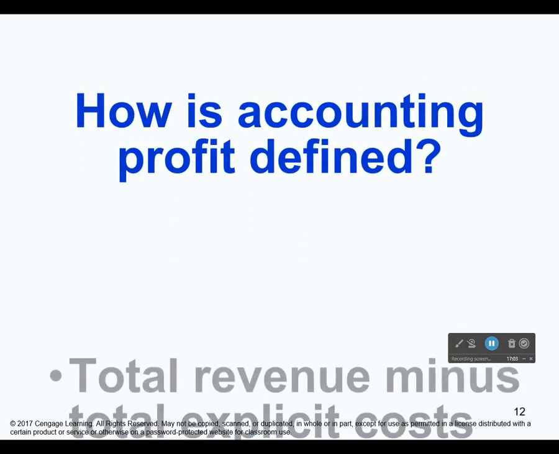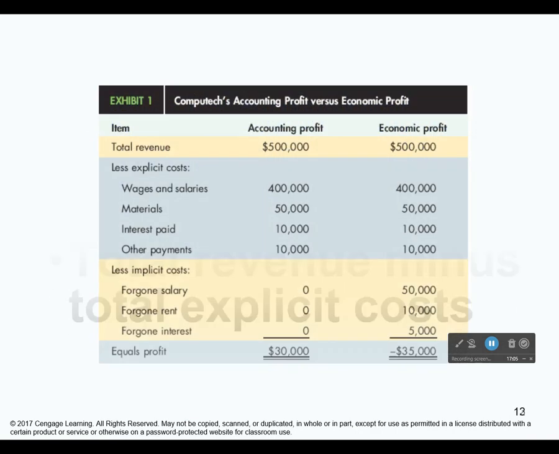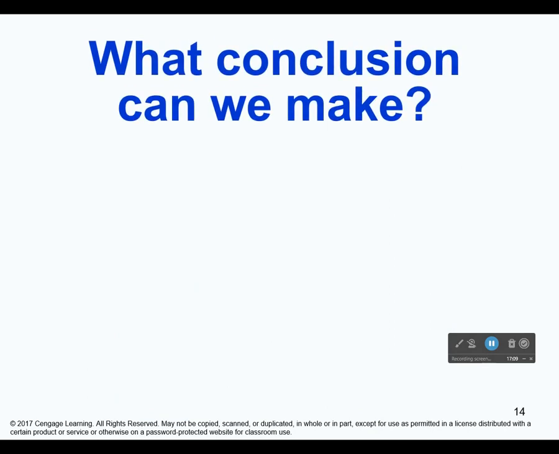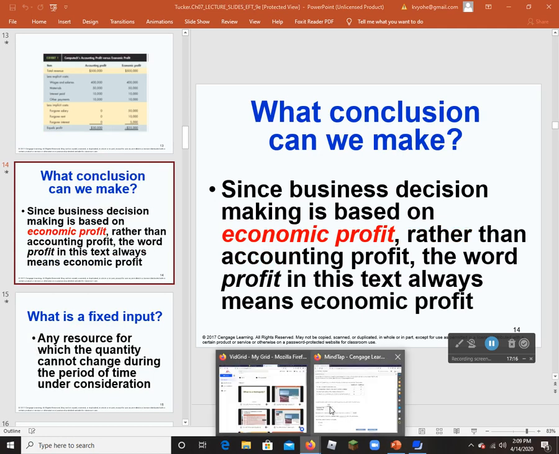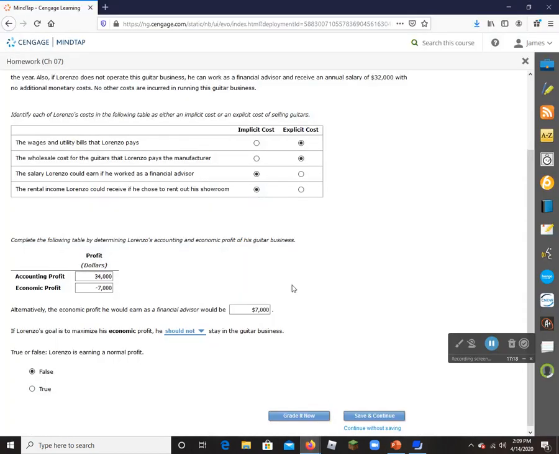Okay. So in this case, our guy, I forgot his name, Lorenzo, would be better off shutting down the business. A normal economic profit is exactly zero.